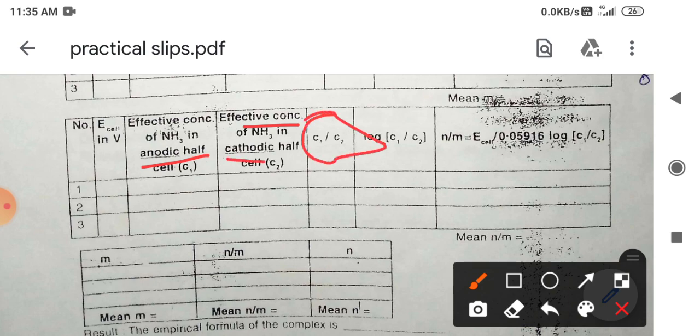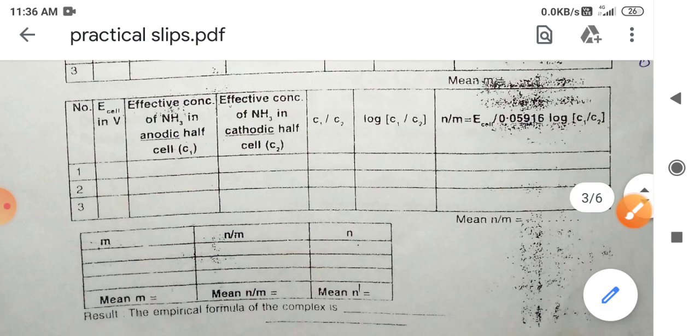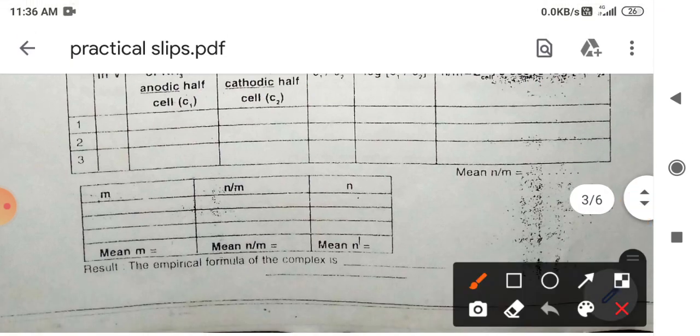Here we take the ratio as C1 by C2, whereas for the silver concentration we took x2 by x1. Next, take the logarithm and use this formula: n upon m equals EMF of cell divided by 0.05916 into log to the base 10 of C1 by C2.